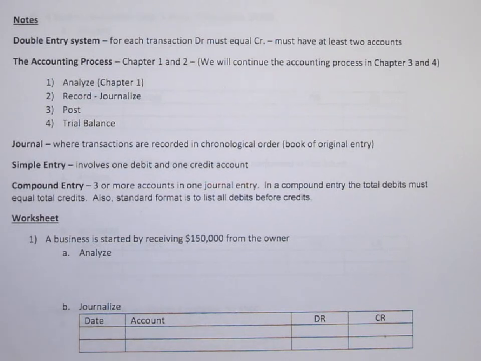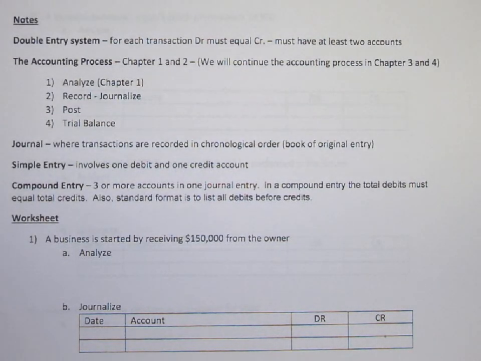Do we need to journalize this particular transaction? Because if you'll remember back to some of our other notes, we only record items that have a monetary value. So we're only doing A right now.